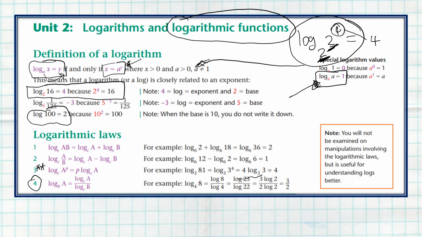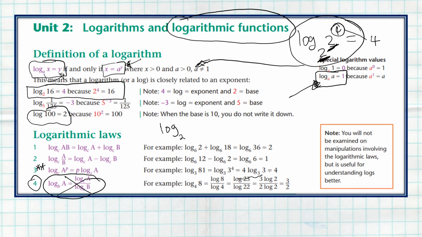Let's come to rule number 4. It says log base b of a equals log base c of a over log base c of b. The way they wrote this is not really nice, so let me show you using an example.